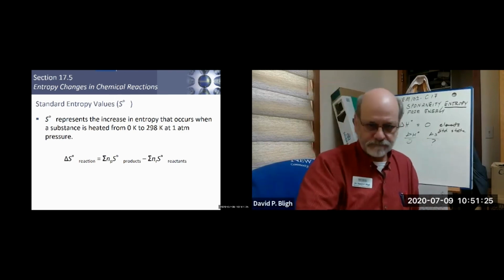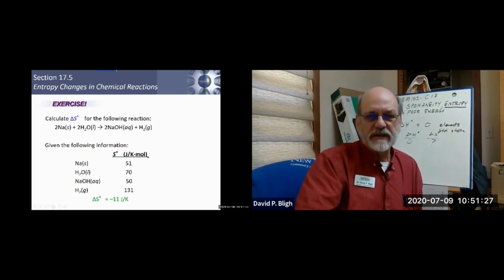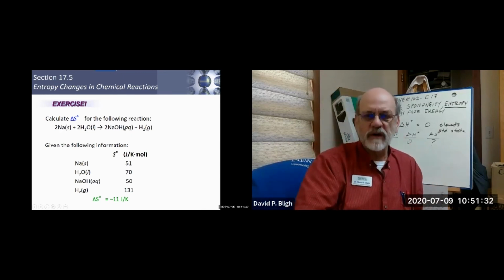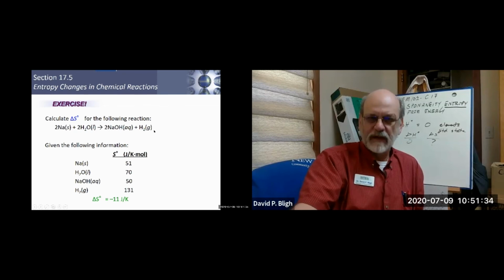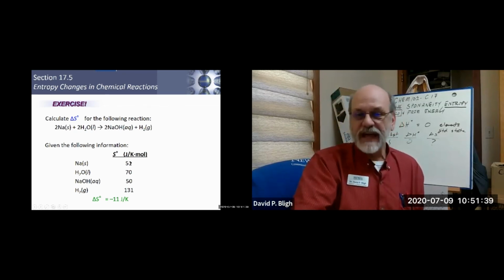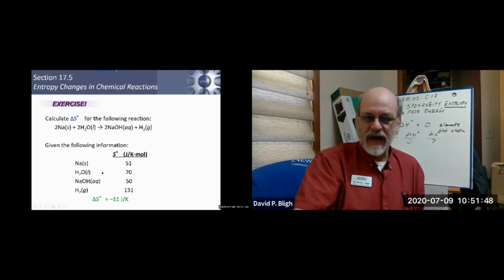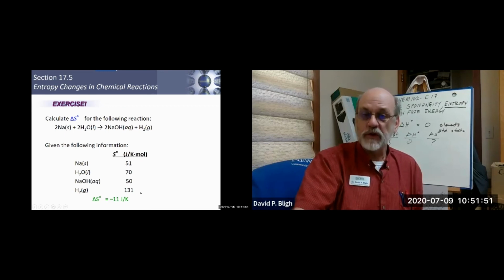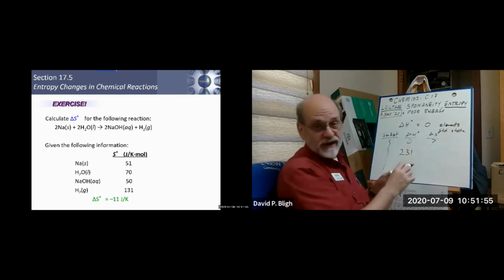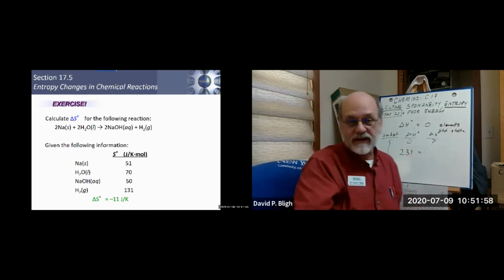All right. So here we have a possibility. For this reaction, sodium plus water yields sodium hydroxide and hydrogen. Calculate the delta S. So here are the delta S values. And you just say 2 times sodium hydroxide, which is 50, which is 100. And then 1 times hydrogen, which is 131. So that's 231 for the products. Then minus the reactants.